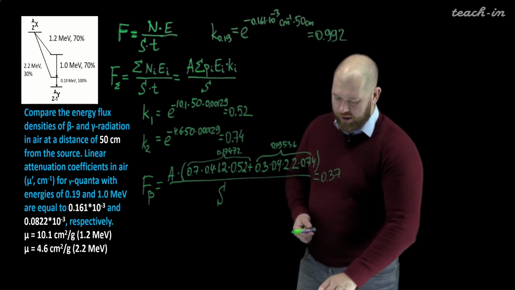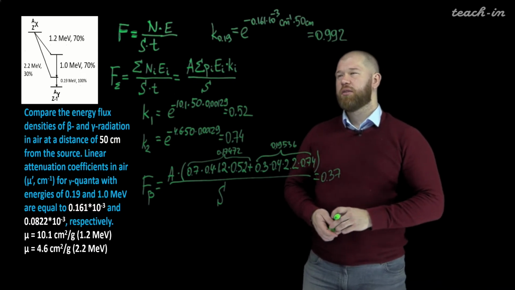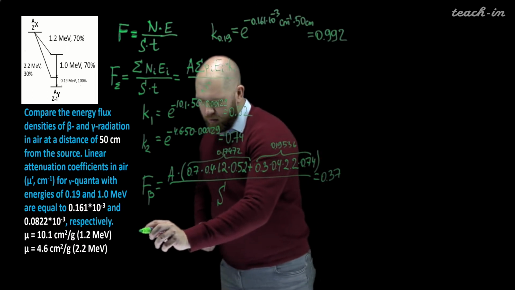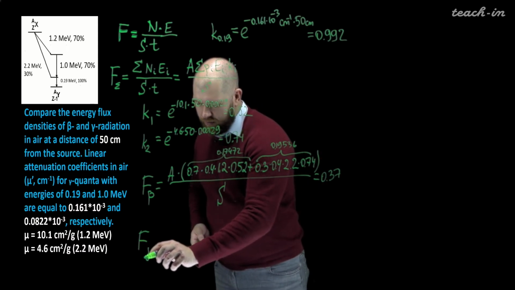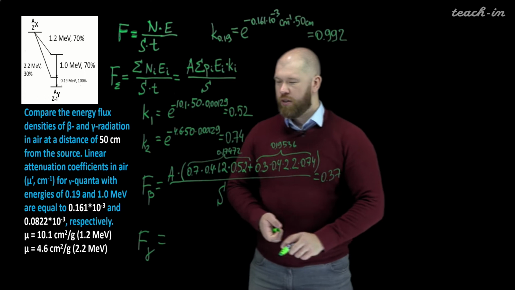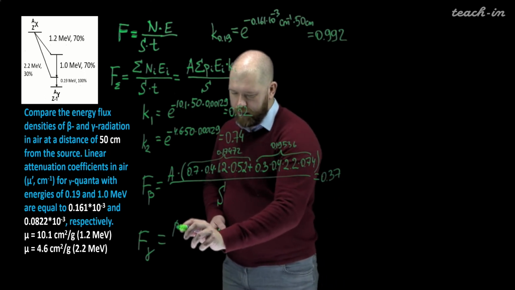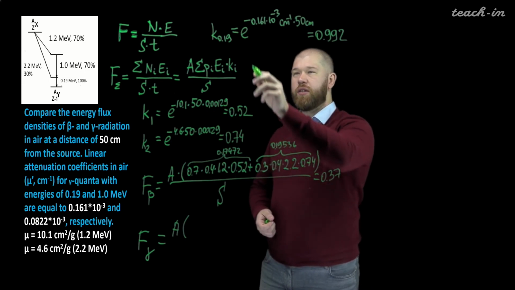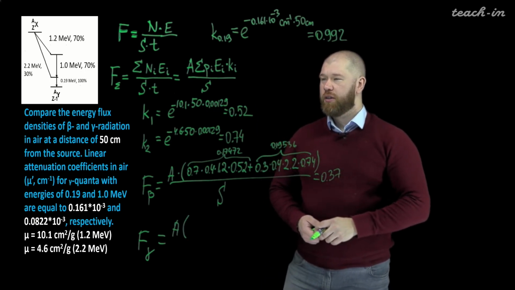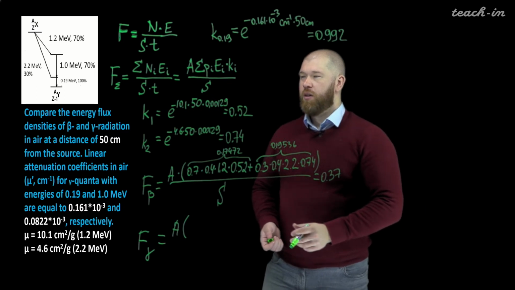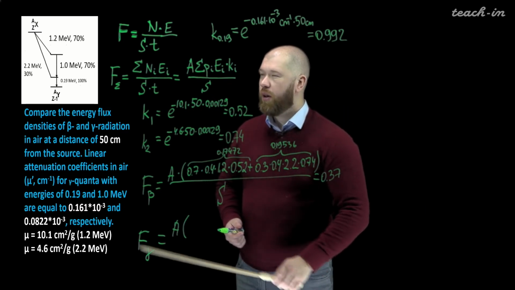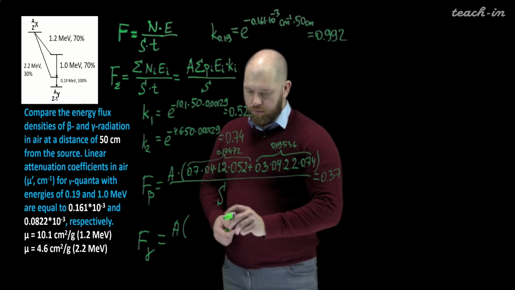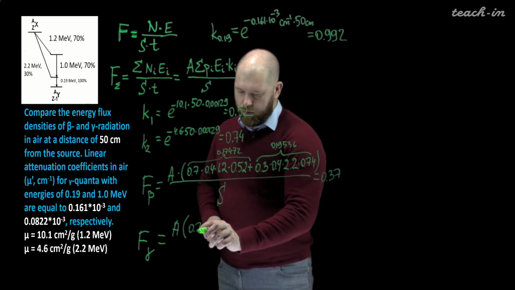And in this case, we can neglect this absorption of gamma quanta, and we can calculate the energy flux of gamma radiation simply like this, taking into account that the attenuation coefficient for gamma radiation is equal to 1. So again, for 1 mega electron volt, the probability is equal to 0.7.